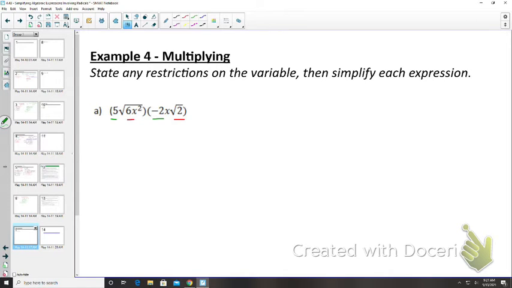So 5 multiplied by negative 2x gives me negative 10x, and root 6x squared multiplied by root 2 gives me root 12x squared.